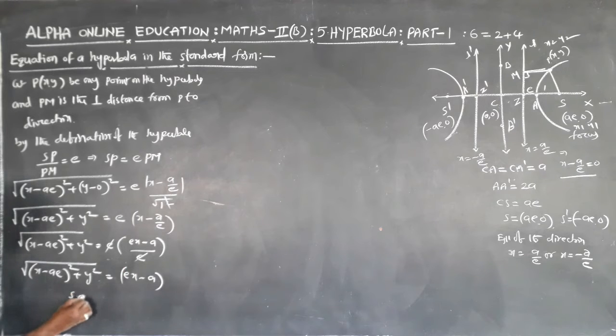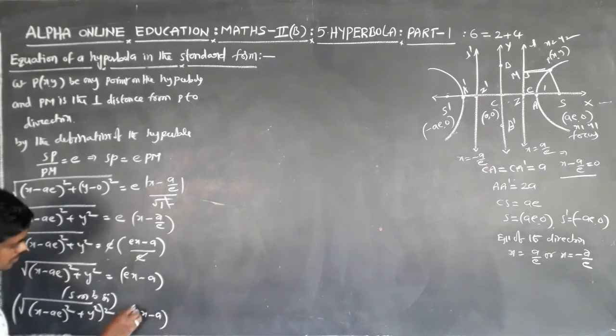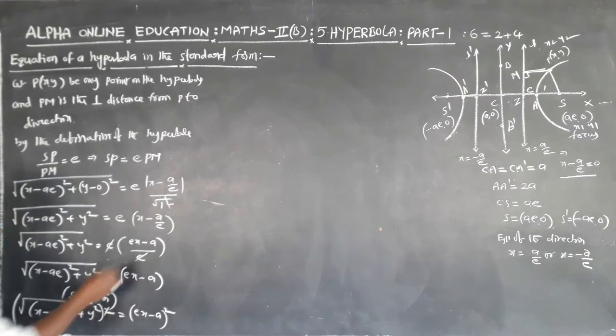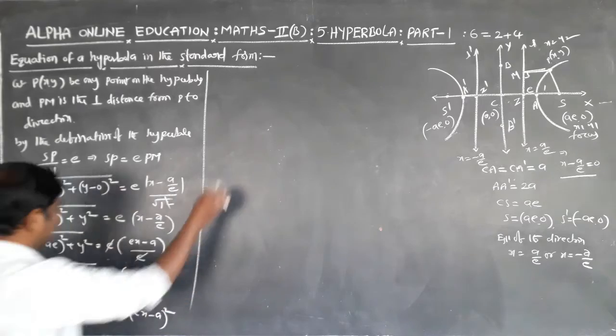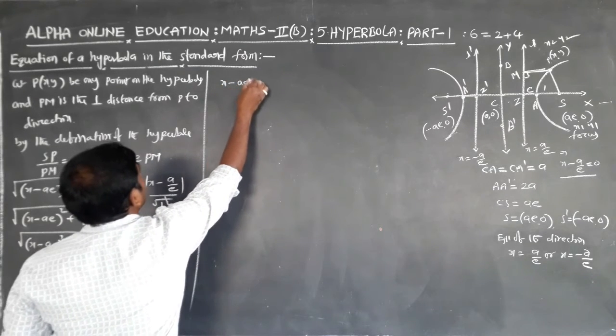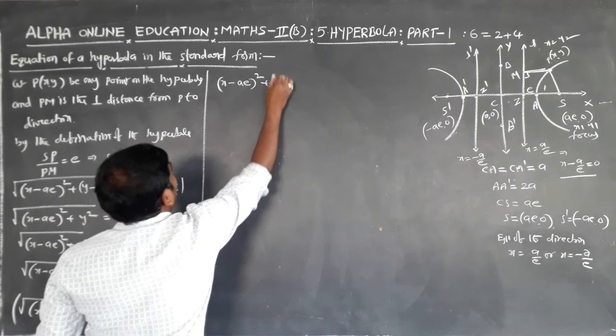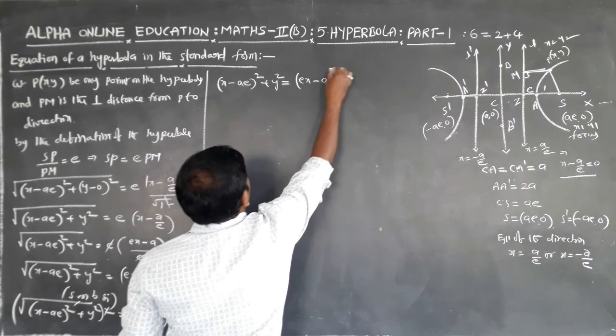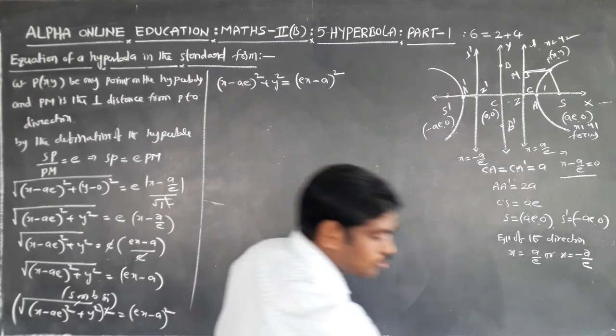Squaring on both sides, the square of the square root of (x minus ae) whole square plus y square is equal to (ex minus a) whole square. The square root cancels: (x minus ae) whole square plus y square is equal to (ex minus a) whole square.